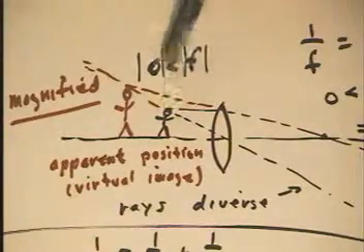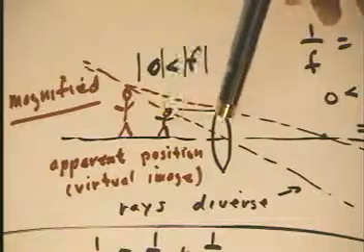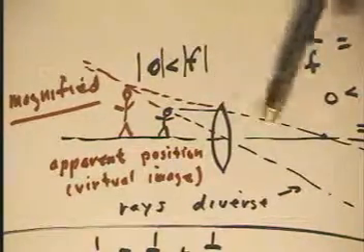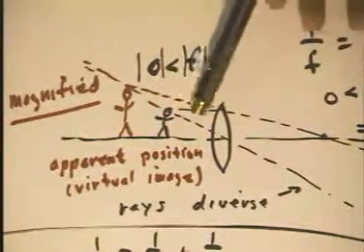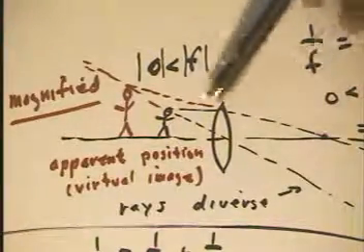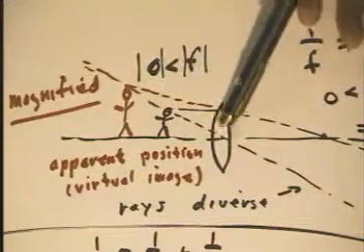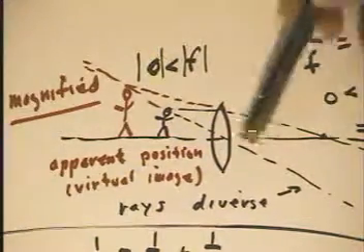Well, if this is our object here, we have this ray going through and bending toward the focus, and this ray going through undeflected. If we're inside the focus, then this triangle is going to have a bigger angle than this triangle.